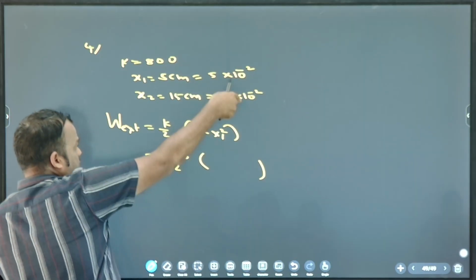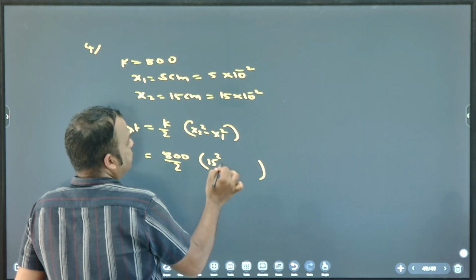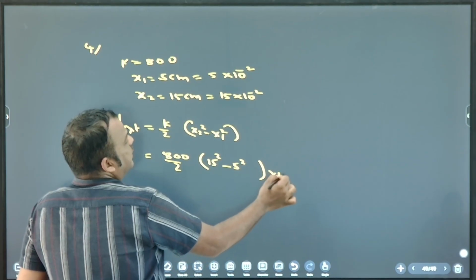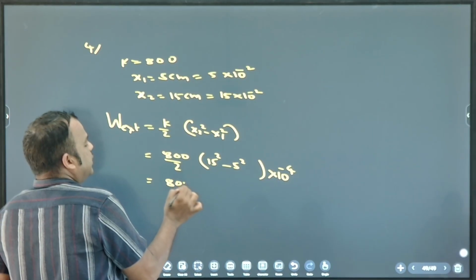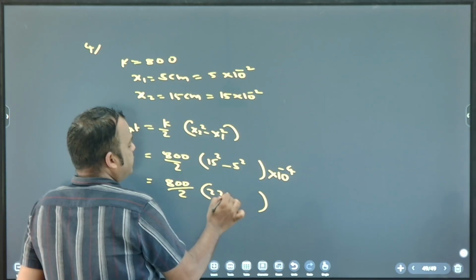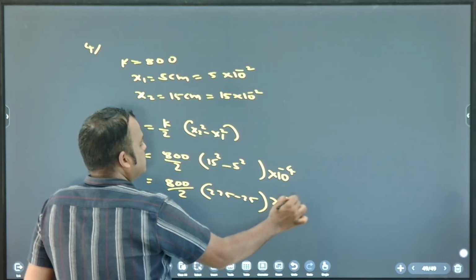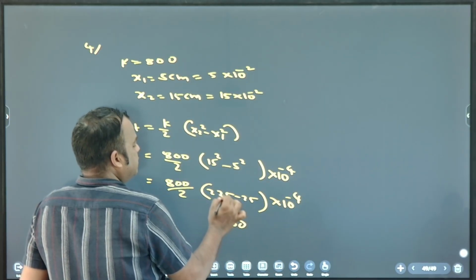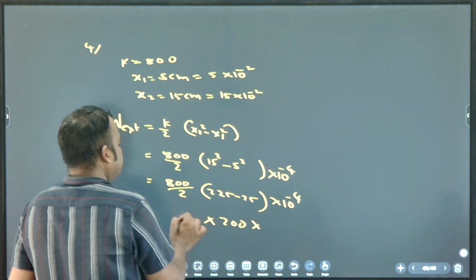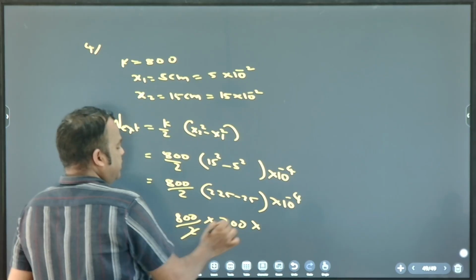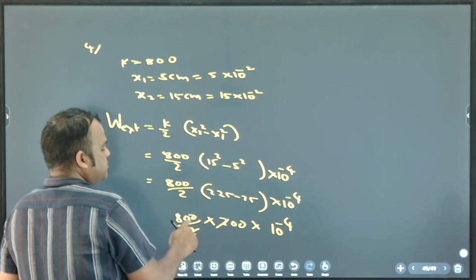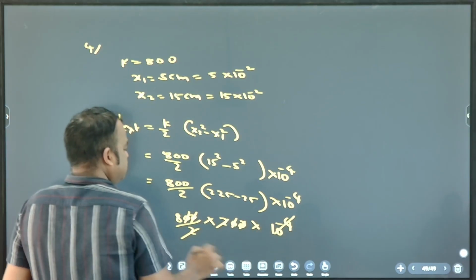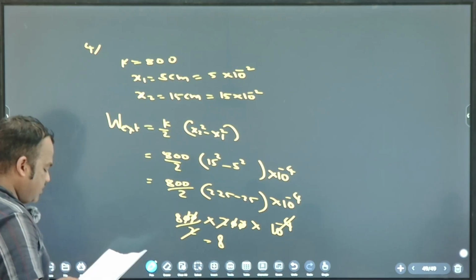Now squares: 15 square minus 5 square, with 10 power minus 4 common. So 800 by 2, 225 minus 25, into 10 raised to minus 4. This is 200. The 10 power minus 4 and the zeros cancel. So the answer is 8 joule.